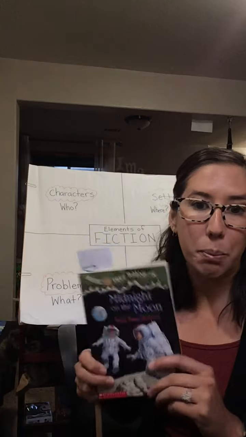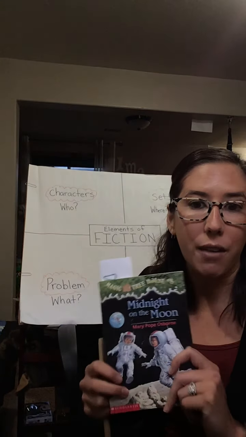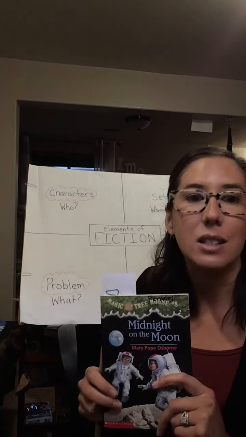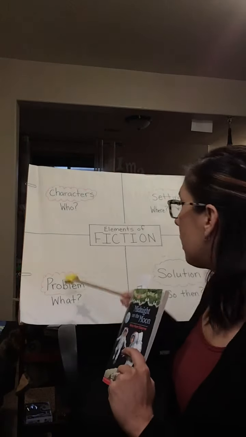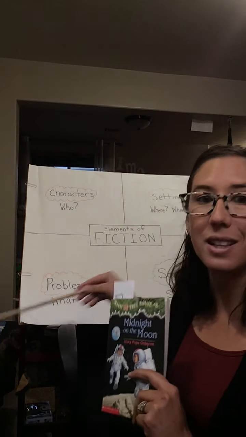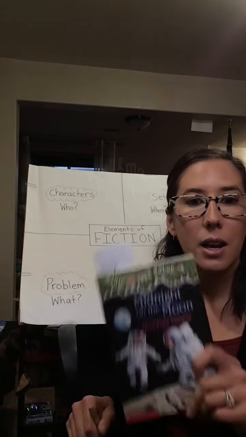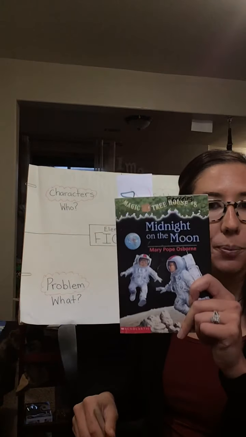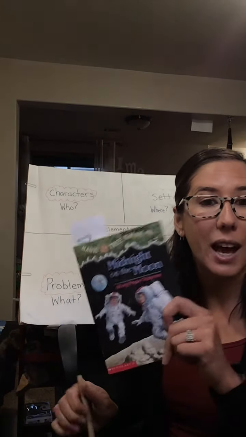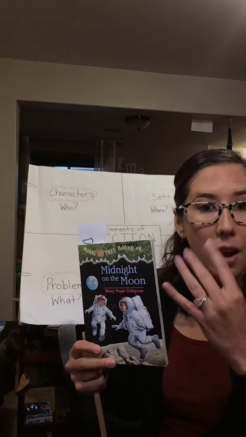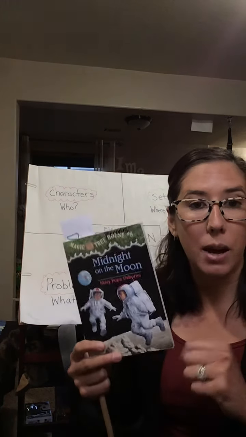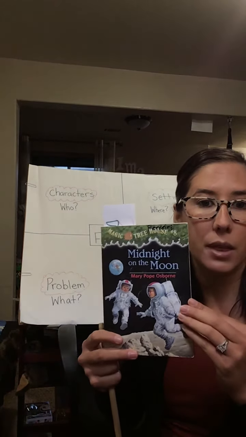Now the next big part of a fiction story is the problem. What is happening in the book? Think about this. This is part of a series where they have to find the 4 M things.